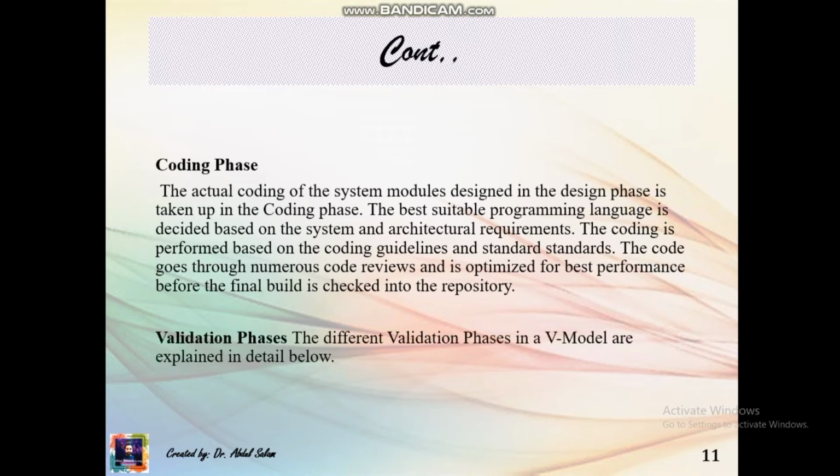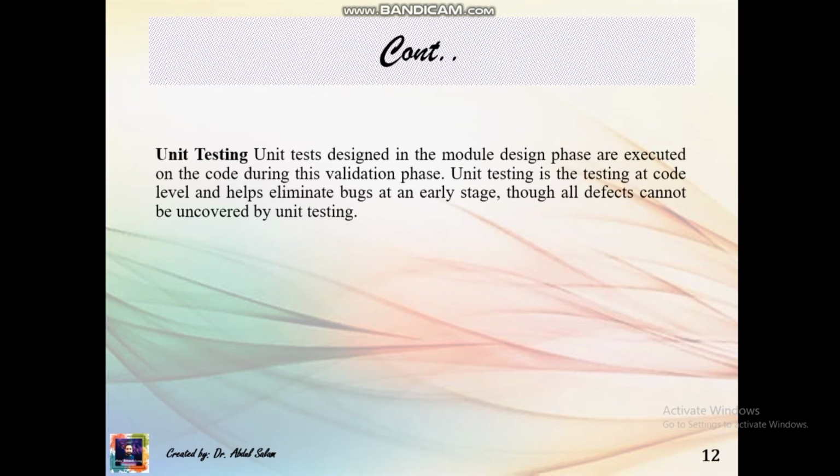Validation phases. The different validation phases in a V model are explained in detail. The first validation phase is unit testing. The unit test designed in the module design phase is executed on the code during the validation phase.